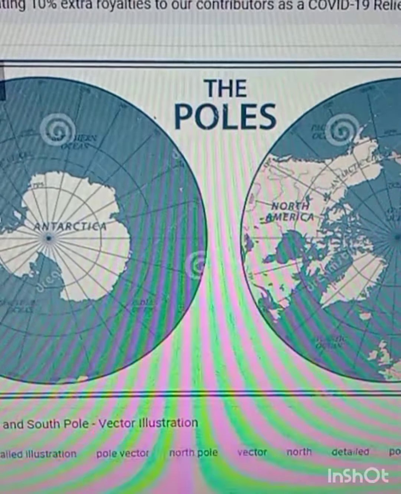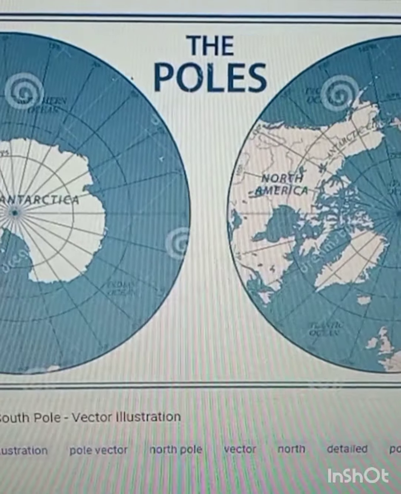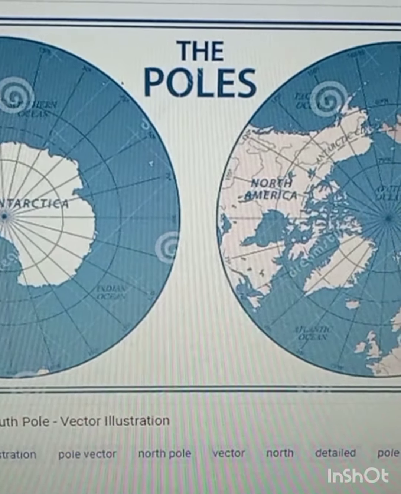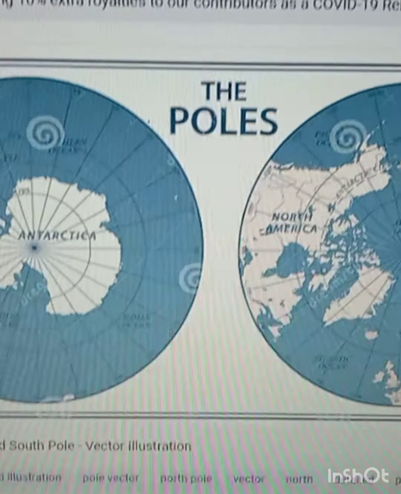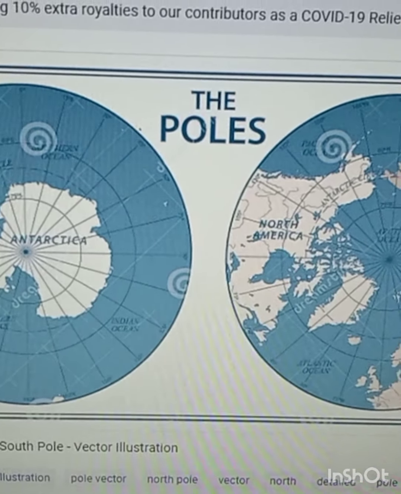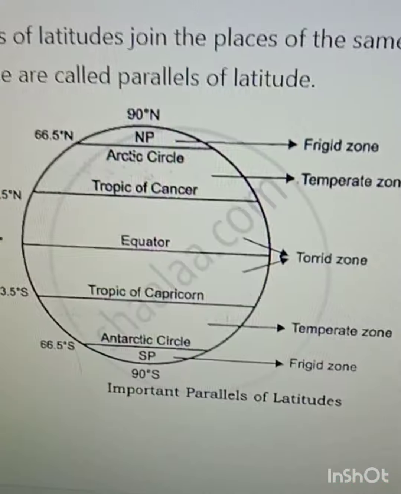The poles determine north and south directions. Movement towards the North Pole is northerly in direction. Movement toward the South Pole is southerly in direction.